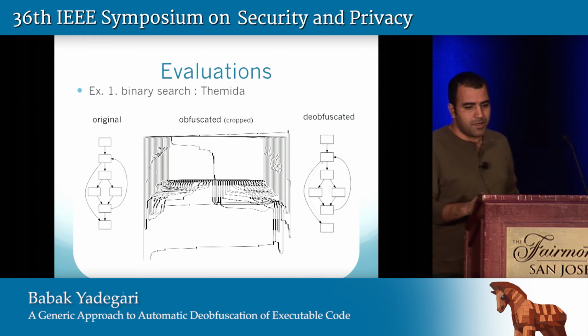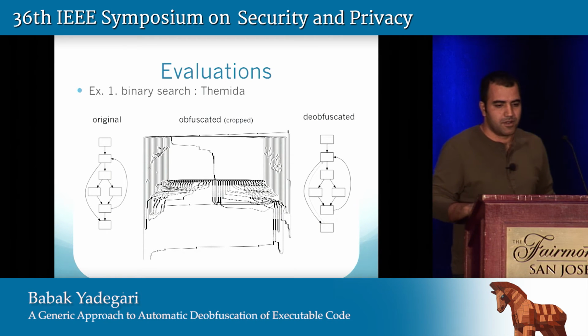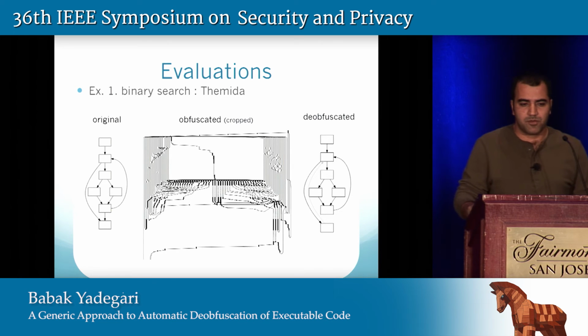And before actually showing some numbers for evaluation, I'm going to show some CFG examples for two programs. So this is the binary search program on the left, the CFG for the original program. And in the middle, we see the obfuscated program.